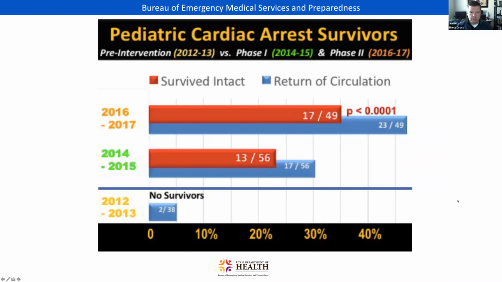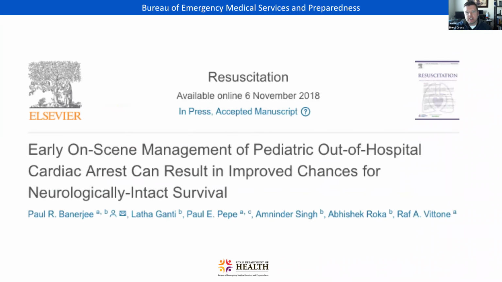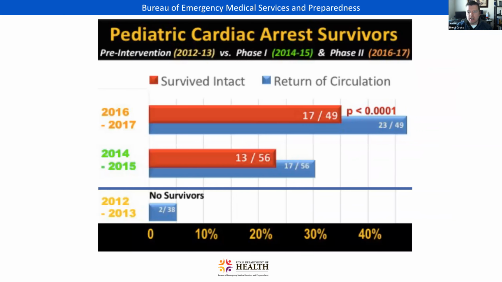Okay. The next study that we're going to look at is, does this work, like Tia said. This is a study that came out of Polk, Florida. This study looked at when they implemented Handtevy versus some of the other stuff. In 2012, 2013, they had 2 ROSC on 38 cardiac arrests in that year.